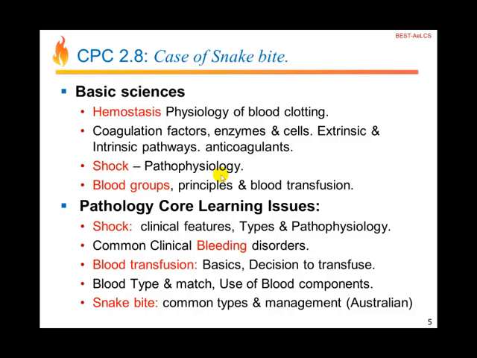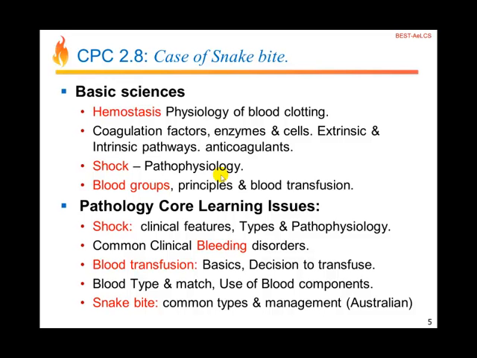So some common features. Pathological studies are mainly shock, different types of shock, and its pathophysiology: what happens to blood pressure, volume, kidney function. Common clinical bleeding disorders: platelet disorders, coagulation disorders, and vascular disorders, that is blood vessel damage.